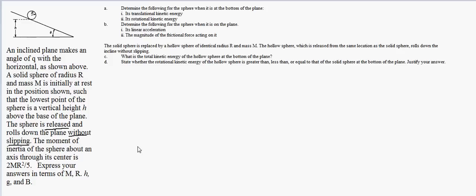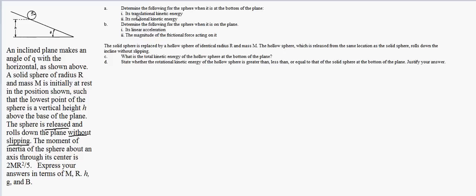Remember, without slipping is very important when there is both translation and rotational motion, because that's the only way to relate those two motions. If we don't know this information, then we have no clue what's the relation between them.